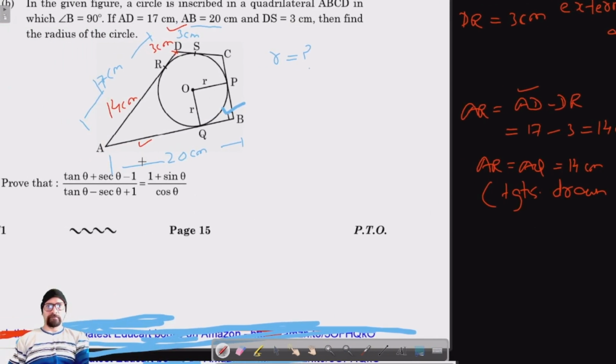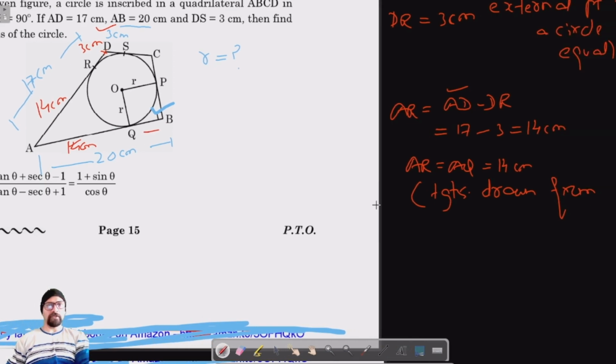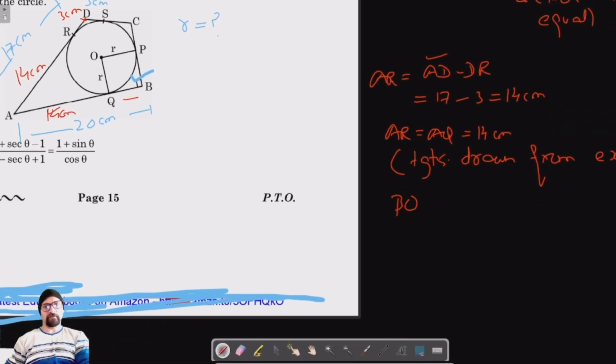Now AQ is 14. We can get BQ, so BQ is equal to 20 minus 14, which is equal to 6 centimeters. So we have got BQ is equal to 6 centimeters.